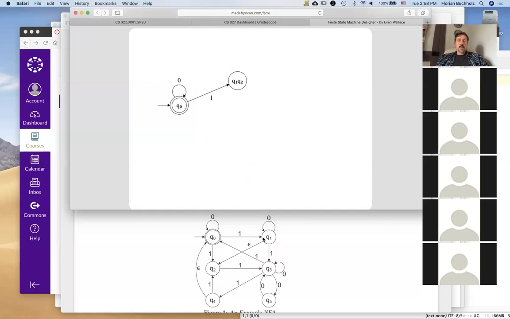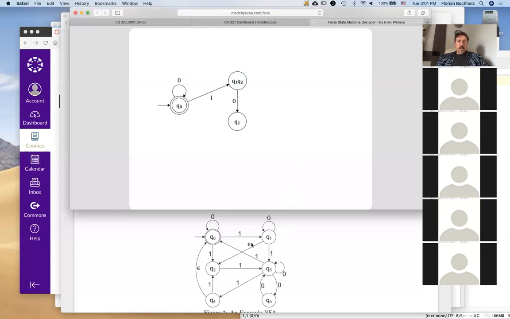So now we have to kind of broaden stuff. So on a 0 here, we can go to Q1 from Q1, and there's no 0 transition out of Q2. So we now need state Q1. And on a 0, we are definitely going here.